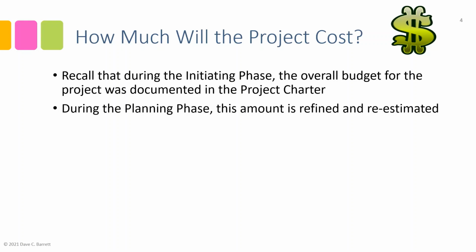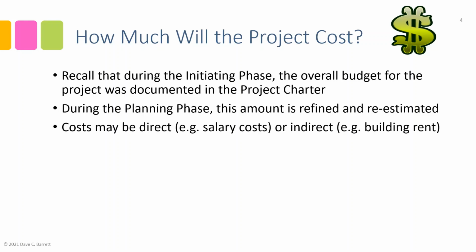And if it doesn't, that becomes an issue that we need to resolve. Now, costs can be of various types, and it really depends upon the project and the organization which costs the project is going to include within its budget and track.